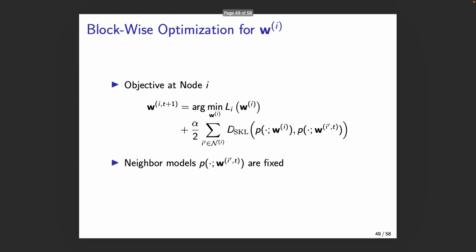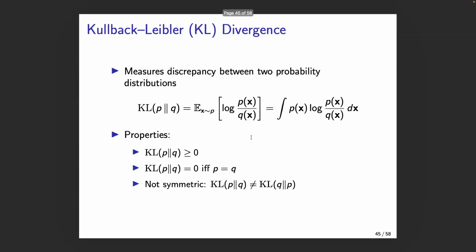Now, as you remember, this symmetric KL divergence term is just a sum of two KL divergence terms. If we write it out, just to remind, we have expectations and a log here, and because it's a log of a division, we can rewrite it as log p(x) minus log q(x), and so on.